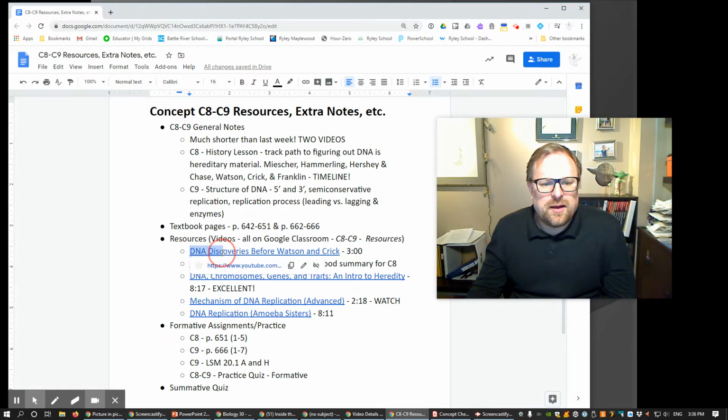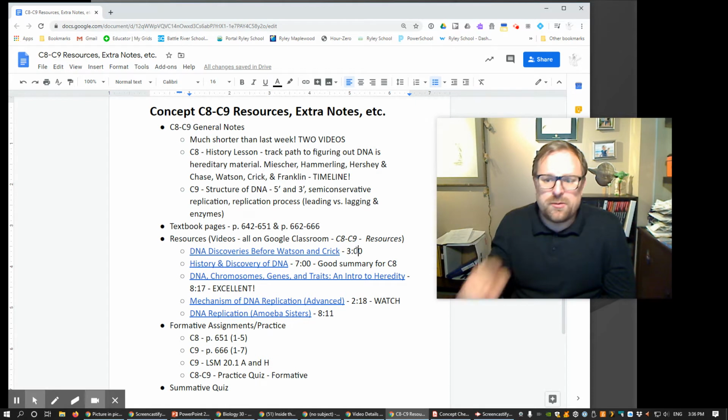I like this one for an explanation briefly about what happened before Watson and Crick came on the scene, and that makes no sense right now, but it will in a minute. This is a nice summary of the history and discovery of DNA. You can go check that out. Really, I went back to Amoeba Sisters, and these last three are Amoeba Sisters. They do such an excellent job, and the stuff is bang on with what we have for biology here in Alberta.